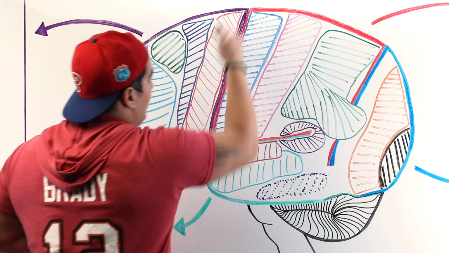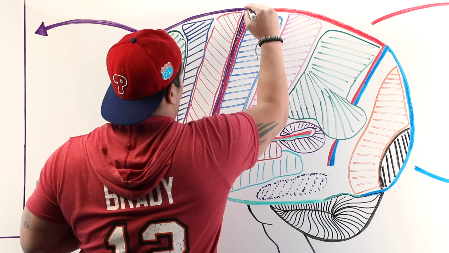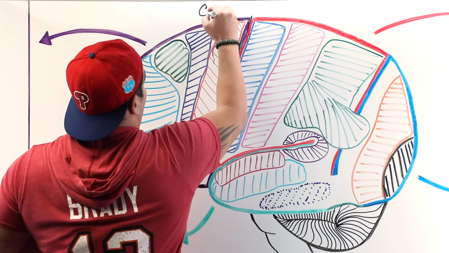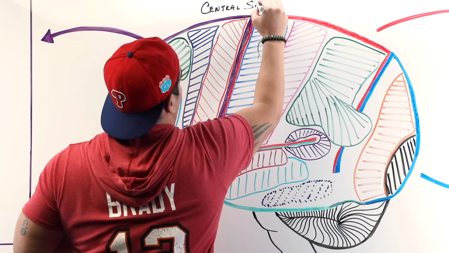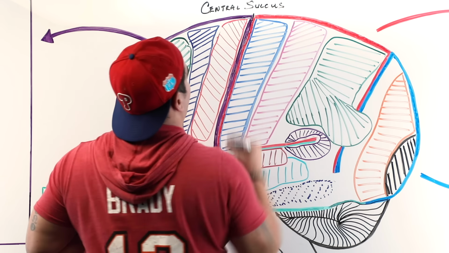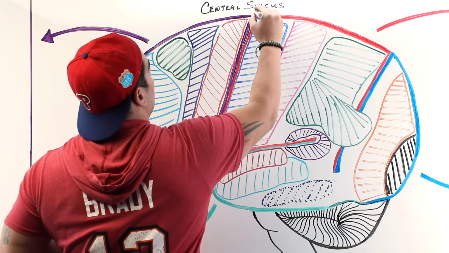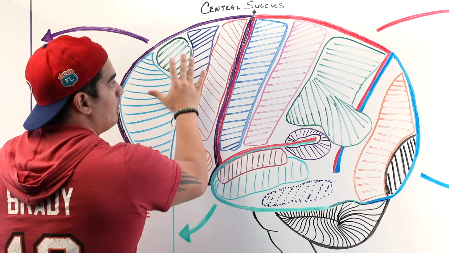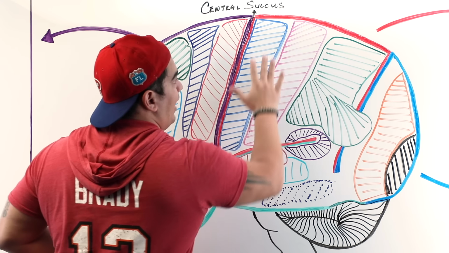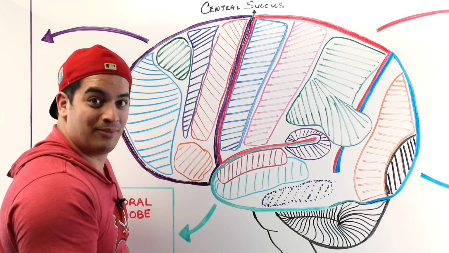It's this one right here. This little sulcus here is called your central sulcus. Now your central sulcus is beautifully placed so that it separates what 2 lobes? Your frontal lobe, which is anterior to it, and your parietal lobe, which is posterior to it, right?